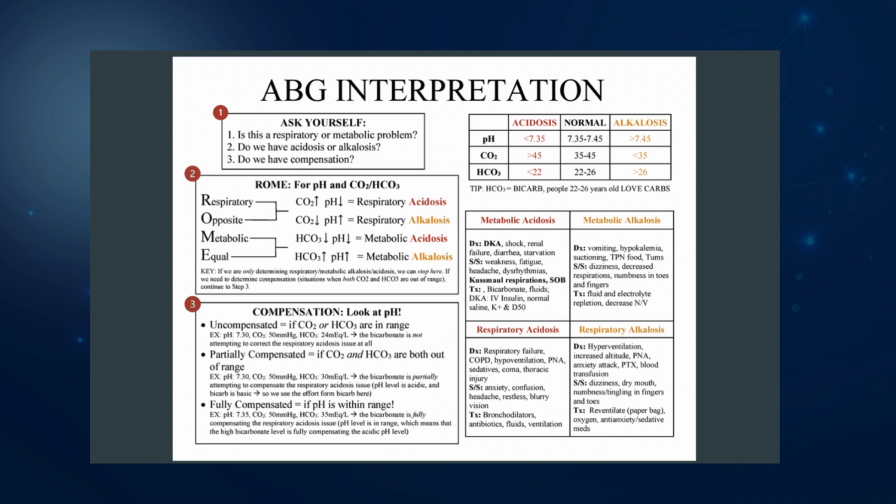On the other side of the chart, we can see the meaning of metabolic acidosis and metabolic alkalosis. All of these are disorders that individuals may have. And here are the signs and symptoms and potential treatment for all as well.